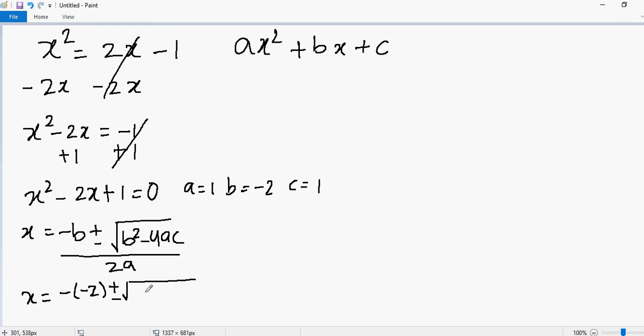So b squared is negative 2 square. So we'll write this minus 4 times a is 1. So we'll write 1 here, and then c is also 1. So we'll just plug in the values. And then we have over 2 times, what is our a? A is 1. So we'll just plug in 1 here.